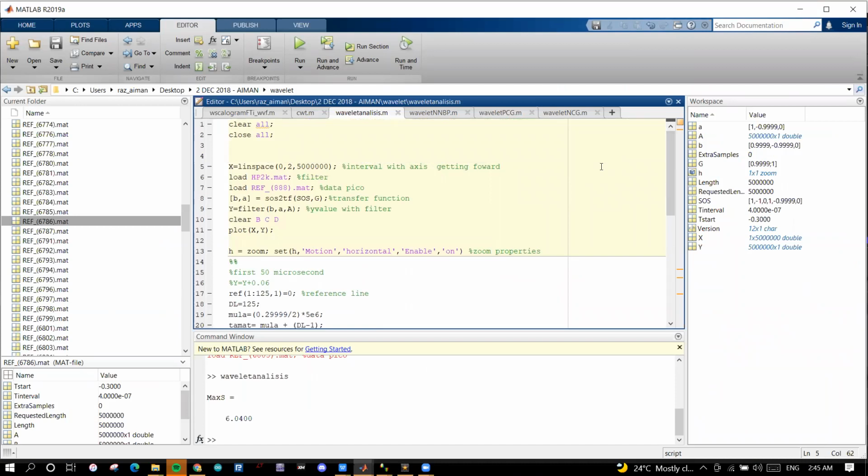Next is the wavelet analysis by using MATLAB software. The first section shows the uploading of the Picoscope data. Firstly, I load the Picoscope data, which in this case is ref_888.